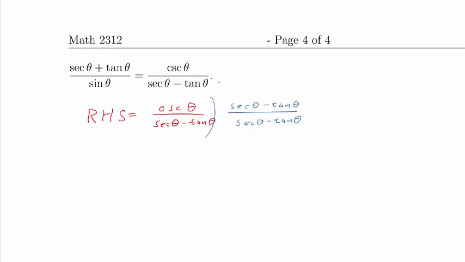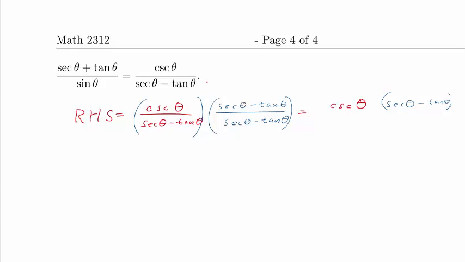Like that. And so we multiply on the top, so we've got cosecant theta times secant theta minus tangent theta.